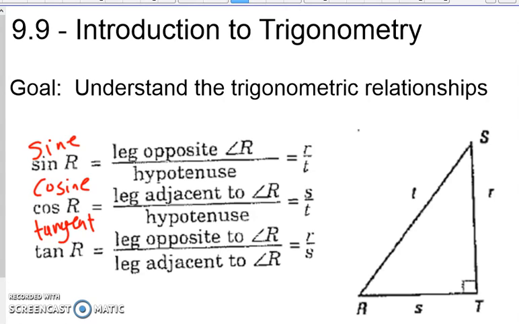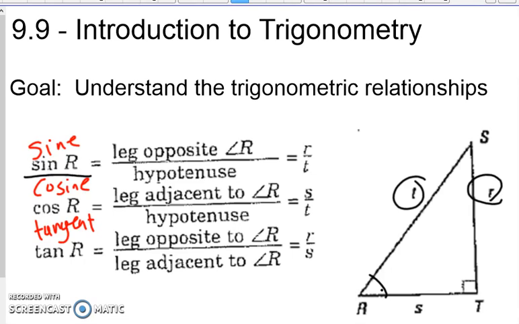For instance, if I say the sine of angle R, since I am doing the sine, I look at the leg opposite, which in this case would be side R, and I look at the hypotenuse, which would be T, and I form a ratio. So the sine of angle R is side R over side T.